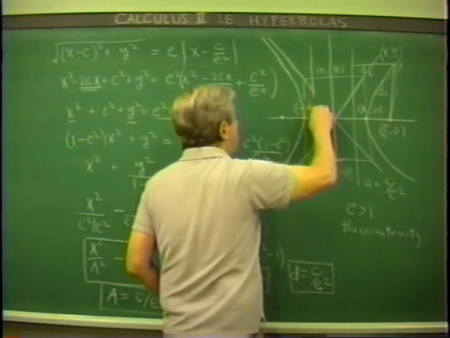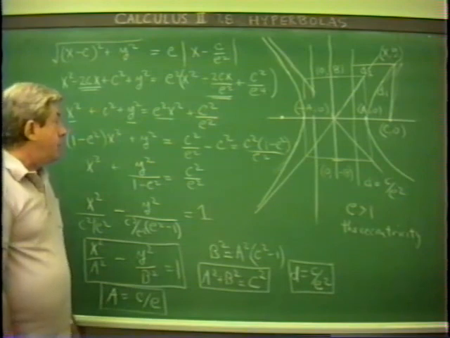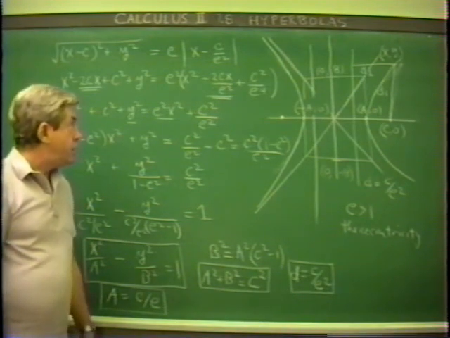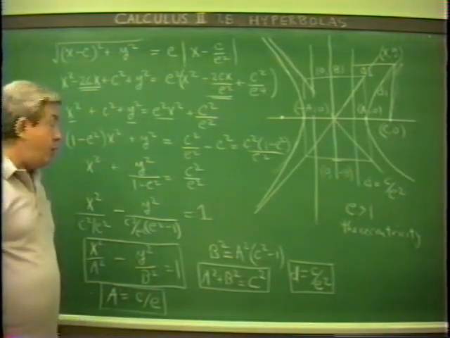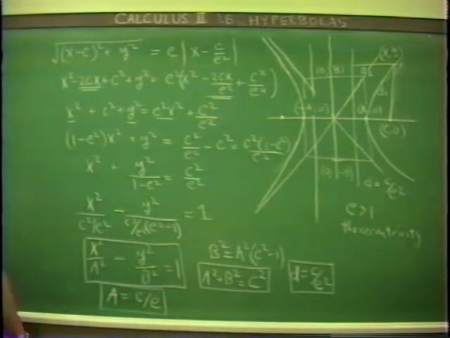There's going to be another focus because of the symmetry over here, and another directrix over here. So there's the formula for a hyperbola opening to right and left and centered at the origin.